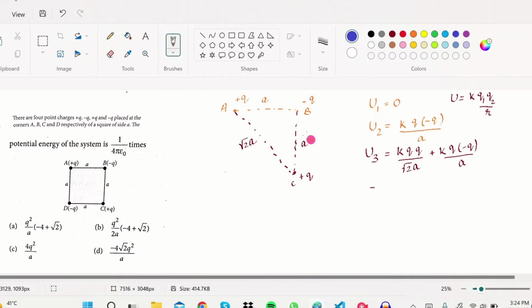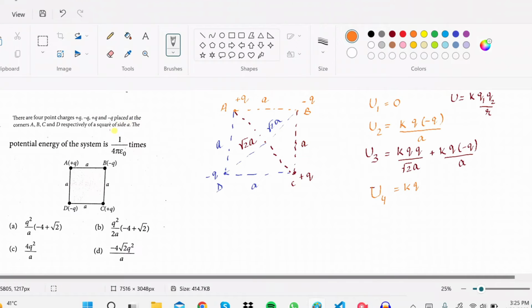Great. Now what's the next one? D. What's this separation? a. What's this separation? a. And what's that separation? Root 2 a. Be very careful when you are placing a charge, it is influenced by all other adjacent charges. So the potential energy to place the fourth charge at that point will be K Q1. I am taking A and D first.